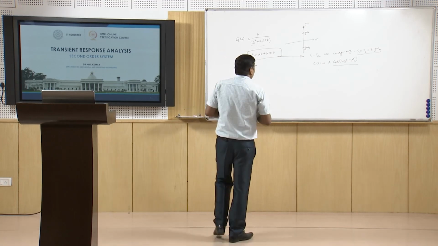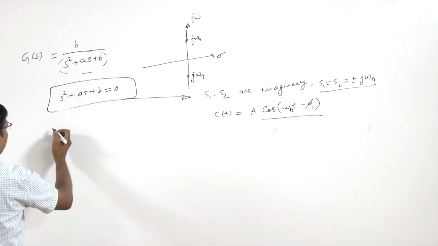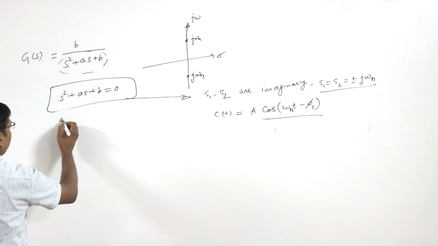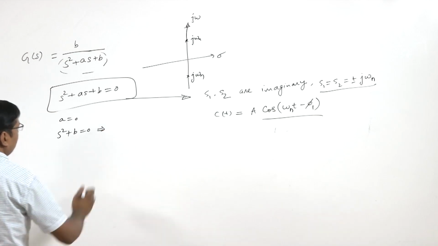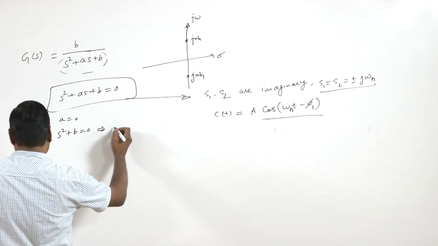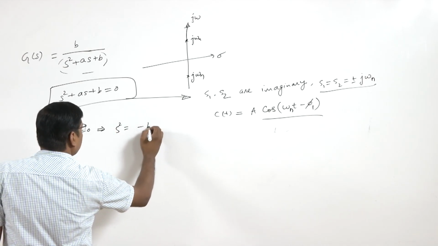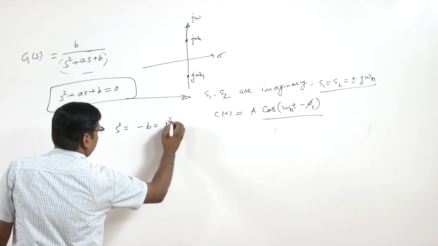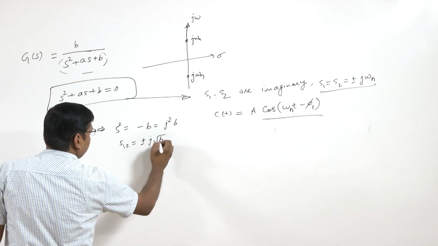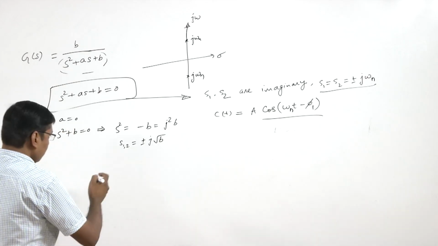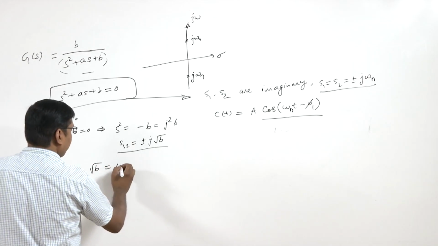This is called the natural frequency, and we get it when a equal to 0, so we have s square plus b equal to 0. This means s square equal to minus b equal to j square b. So s1, s2 equal to plus minus j root b. We see that root b equals omega n.